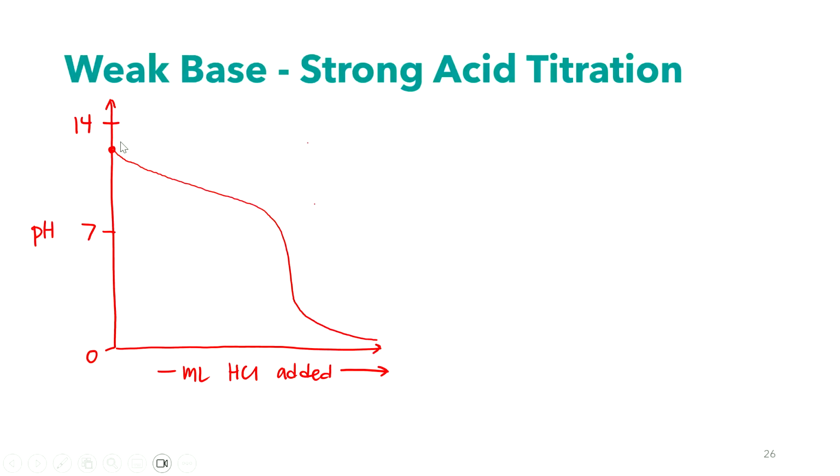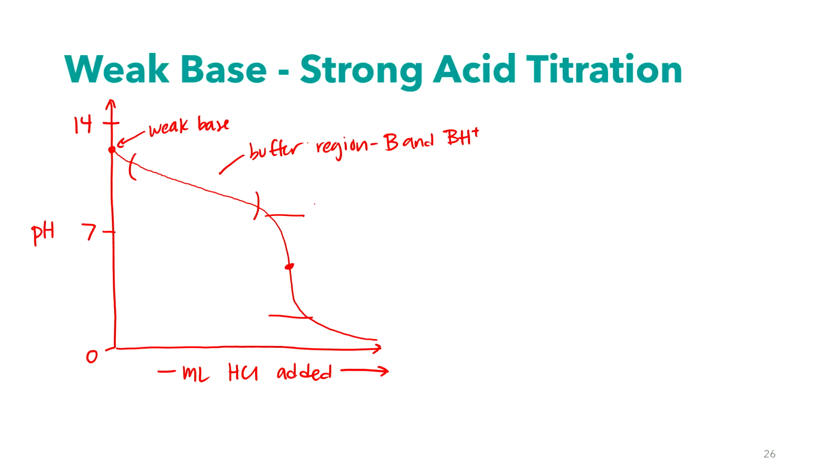So there's the weak base. Here's the buffer region where I have B and BH plus. And then this is my rapid drop.